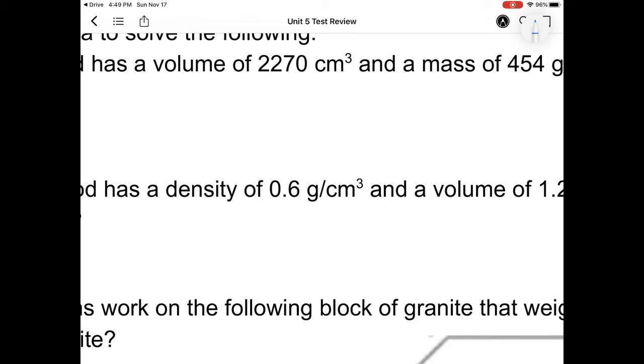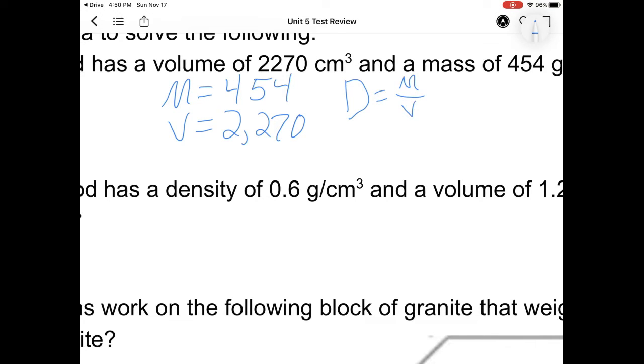So with this information, we are given that our M equals 454 and our volume equals 2,270. Now, a way that I taught you to remember the density formula is that your density equals M over V. M is the first letter that comes in the alphabet versus V. Again, in between M and V, M comes first in the alphabet, so that's why it's first in the formula.